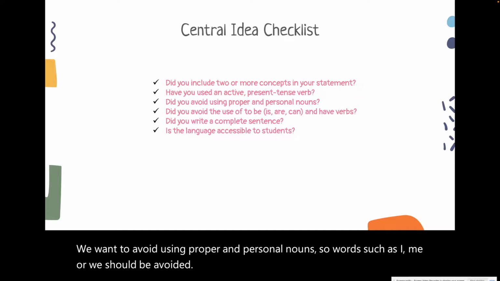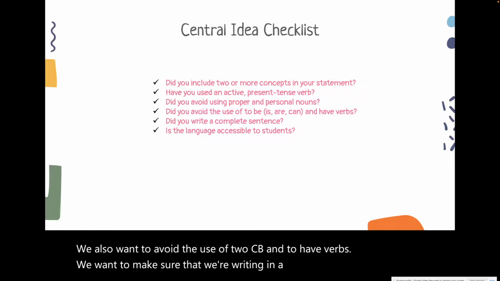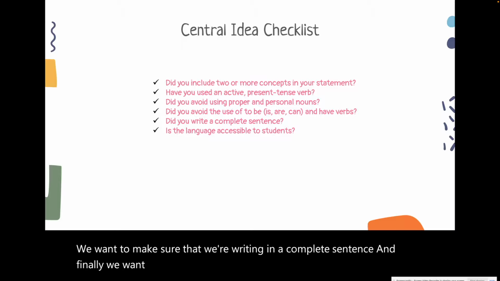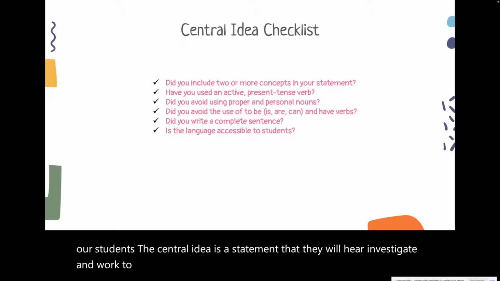We also want to avoid the use of to be and to have verbs. We want to make sure that we're writing in a complete sentence. And finally, we want to make sure that the language that we use is accessible to our students. The central idea is a statement that they will hear, investigate, and work to understand throughout our unit.